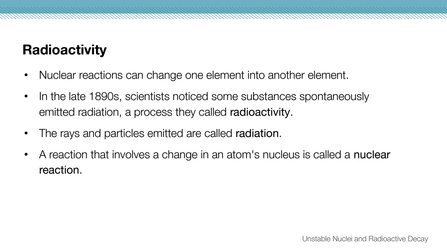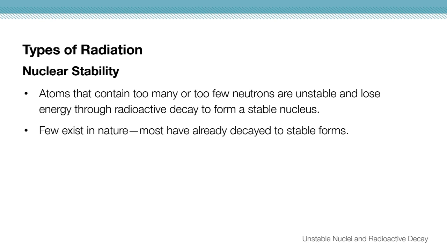So then we have different types of radiation that we'll talk about. We mentioned before that an atom can be changed in its number of electrons, and we call that an ion. You can change the number of neutrons, and we call that an isotope. A lot of what's going to be happening here is changing the nucleus of an atom.